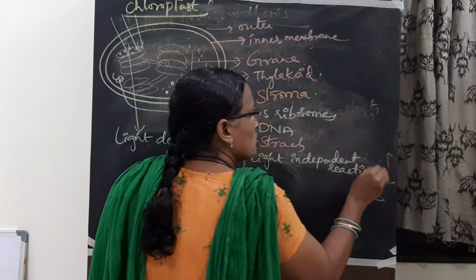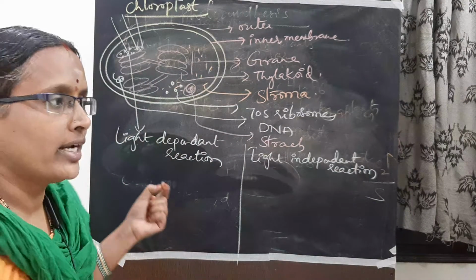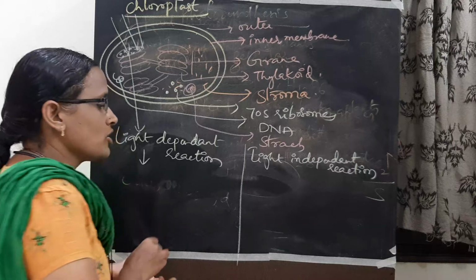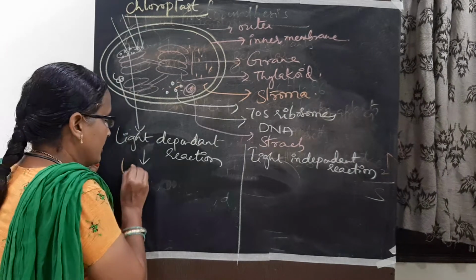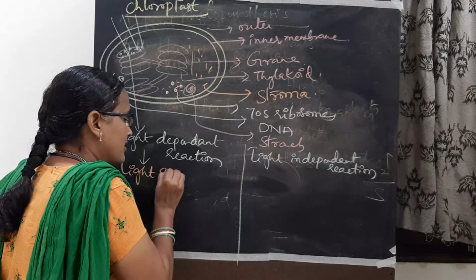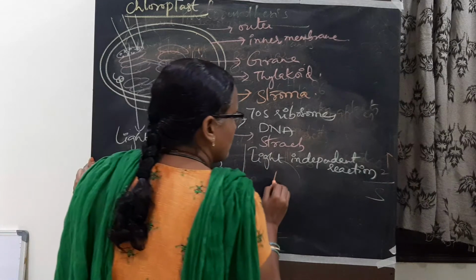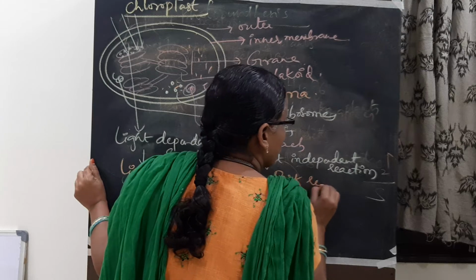So photosynthesis reactions can be divided into light reactions and dark reactions. These light dependent reactions are known as light reactions, and these are known as dark reactions.